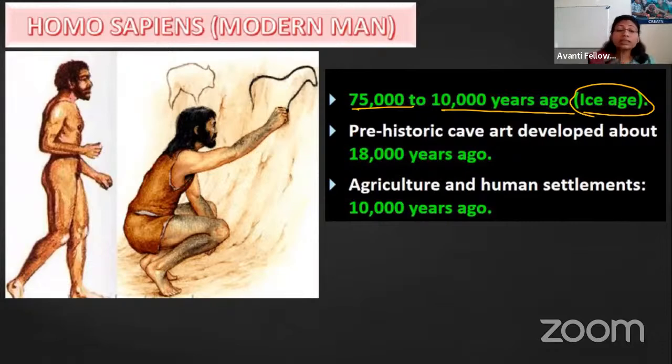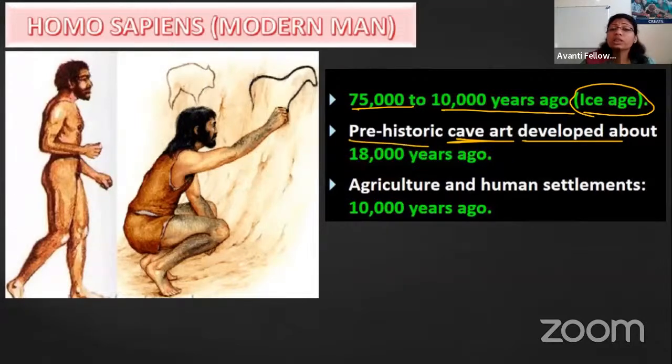So the language was developed by us, and we also started expressing ourselves by making art. We Homo sapiens are the ones who developed art, and we can say this from the evidence of cave art, right?